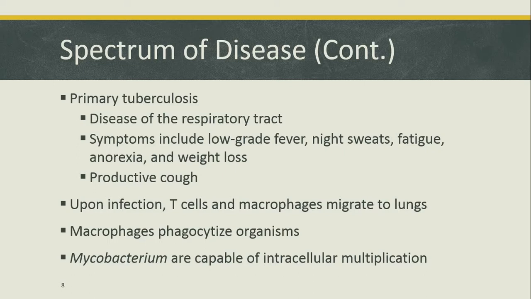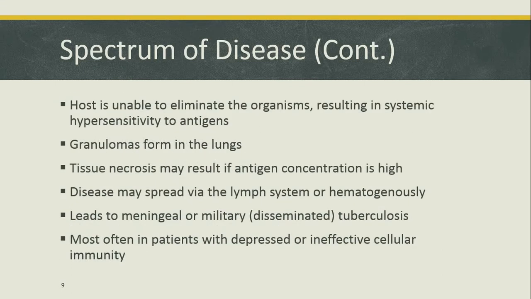So upon infection, what happens is that your T cells and macrophages migrate to the lungs, and then the macrophage wants to phagocytize the organism. However, because of that cell wall, mycobacteria are able to grow intracellularly. Therefore, the host is unable to eliminate the organism.